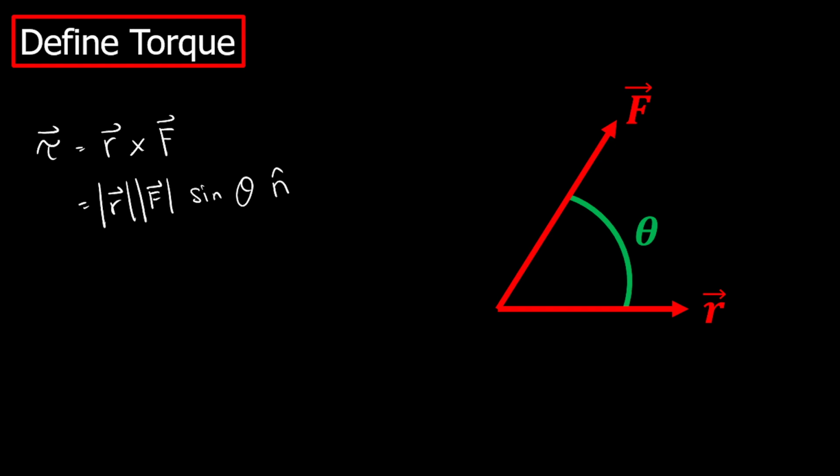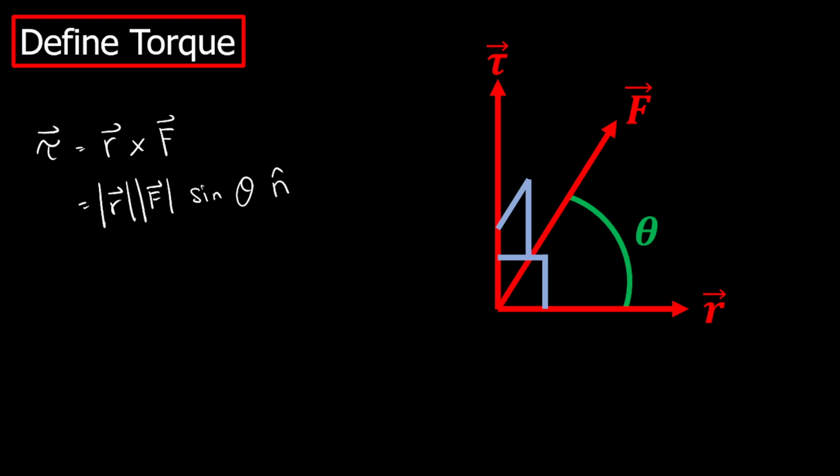The torque is going to be normal to both r and F. And the direction, rather than saying left or right, up and down, positive x or positive y, we say clockwise or anti-clockwise, or upwards or downwards. By the end of the day, it has to be normal to both F and r.